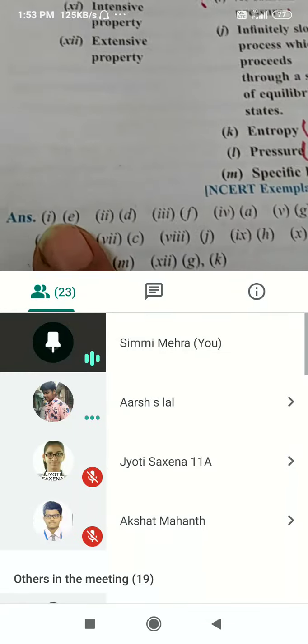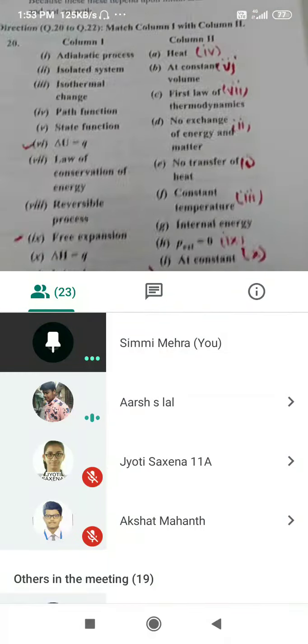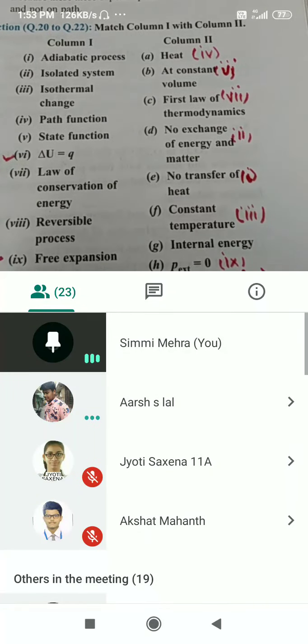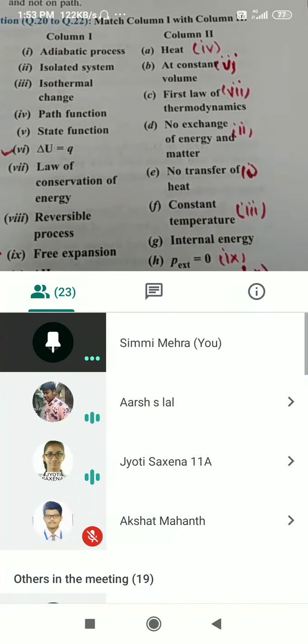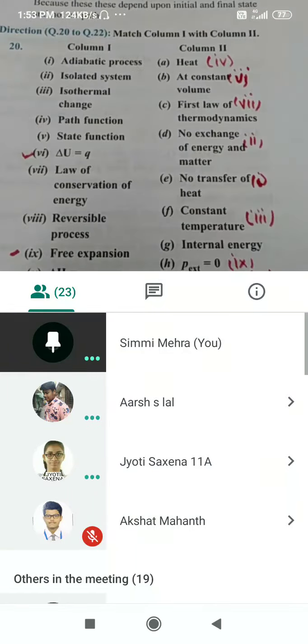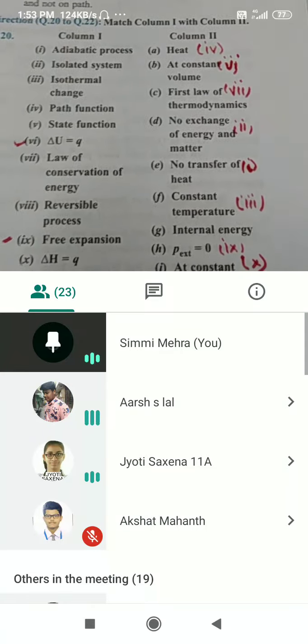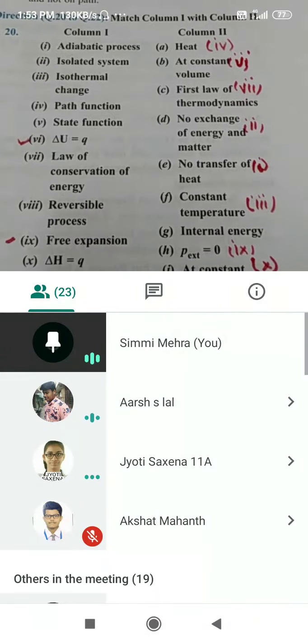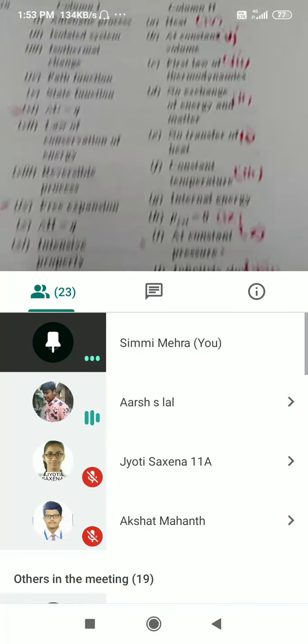Answers are here, you can check. One is E, correct? No transfer of heat. Then second is D. Where is D1? Yes, correct. Third is F, correct.